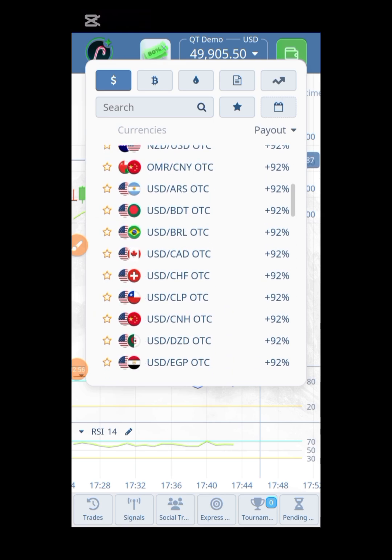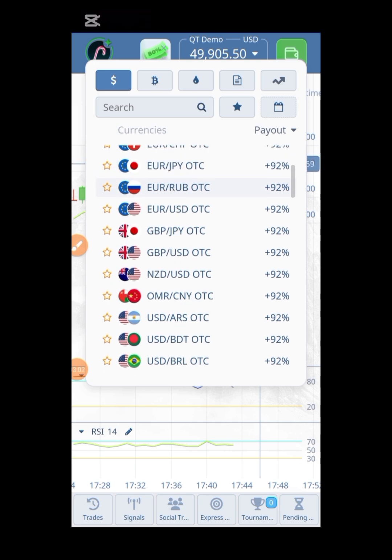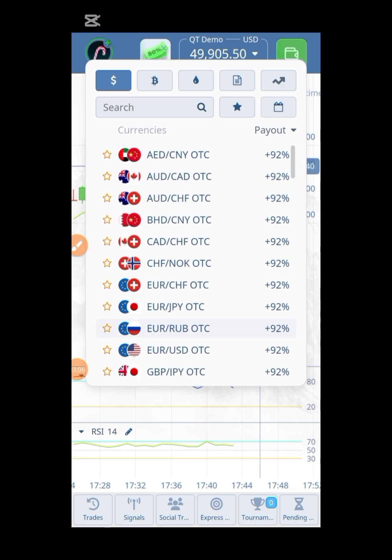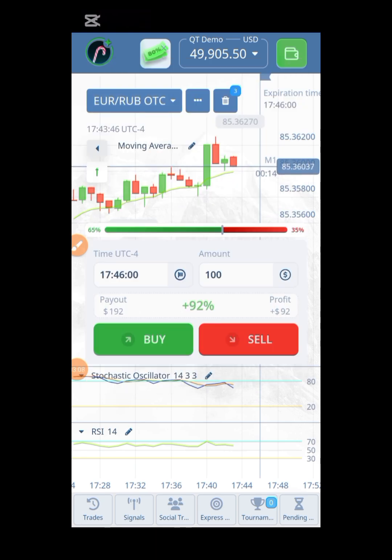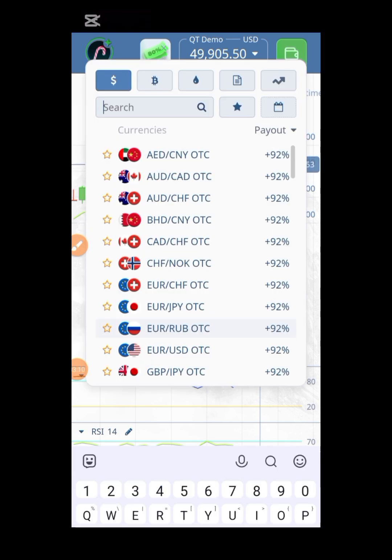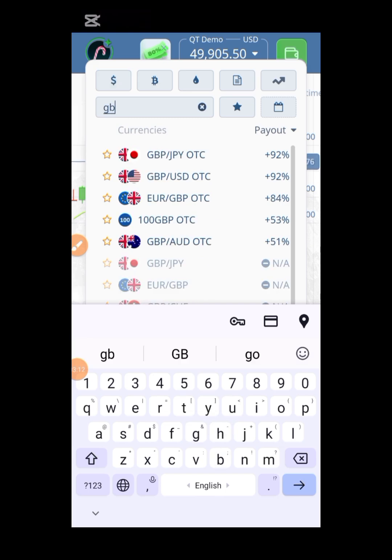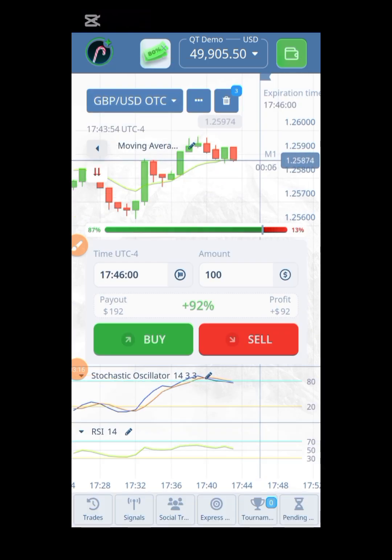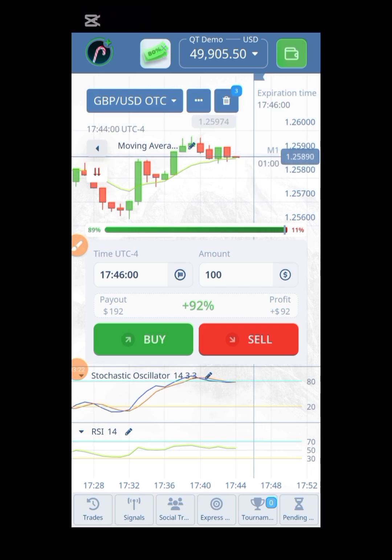You have to know which currency pair will give you a good profit within 5 minutes. So you select, and then you trade on. Normally people trade, let's say, GBP USD OTC. Always make sure you select the one that ends with OTC.